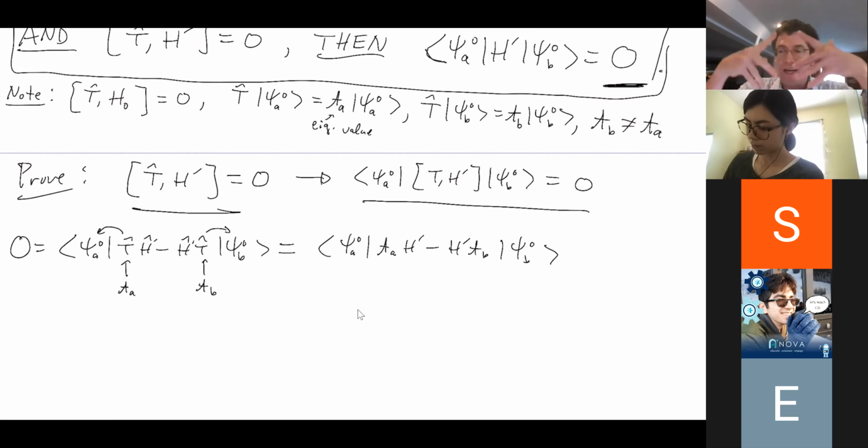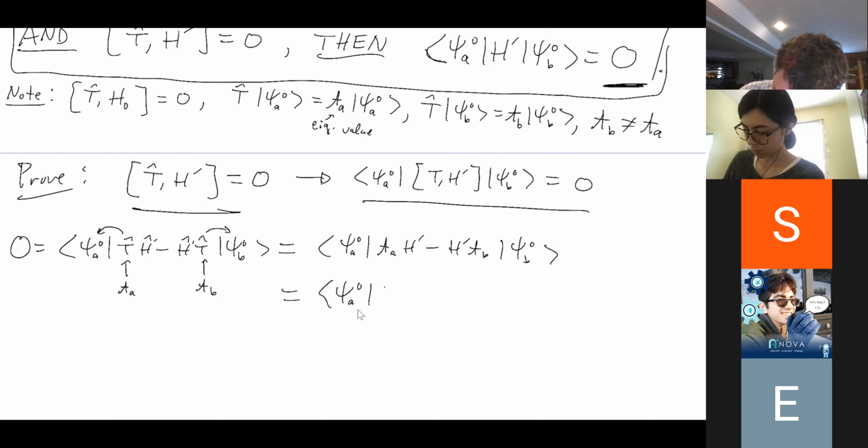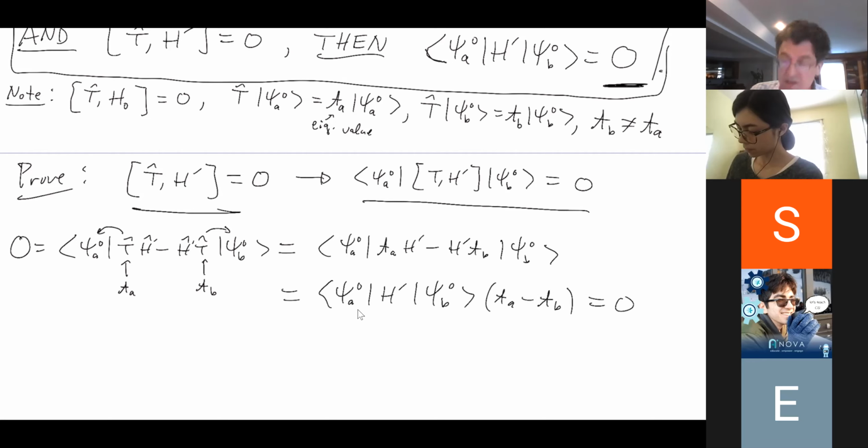Now we just squish it back together again. I skip one step of algebra, but you can see that you get psi A naught H prime psi B naught times TA minus TB. Is that true? And so now what can I say about this? Can it ever equal 0? Can it ever equal 0?